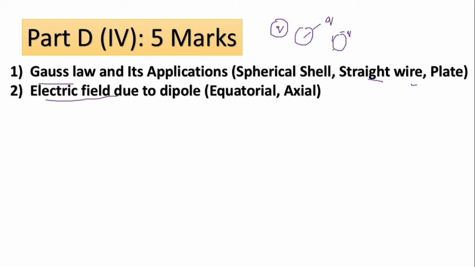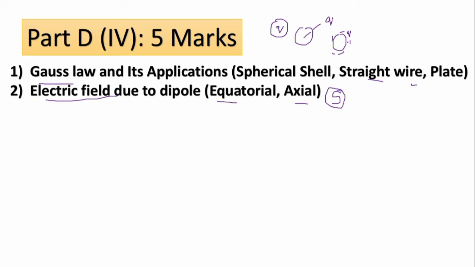These three they may ask from the spherical shell. Straight wire and plate are direct derivations. Then in electric field, equatorial and axial, these two derivations. For 5 marks you should read totally 5 derivations.